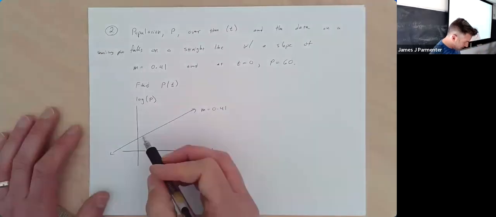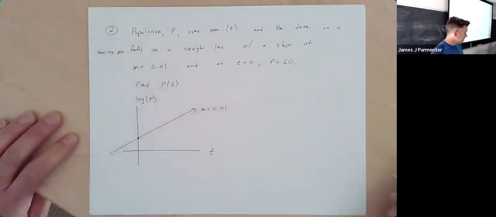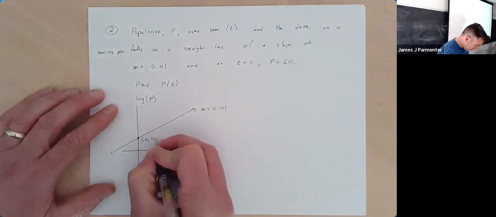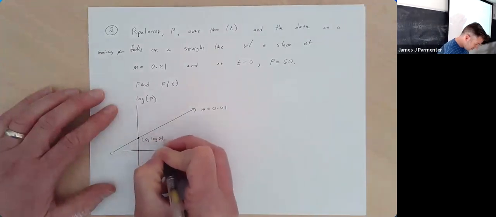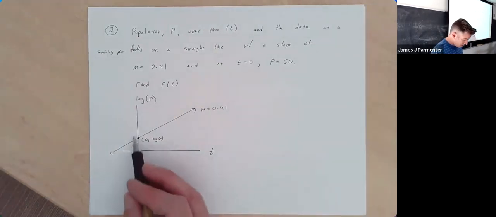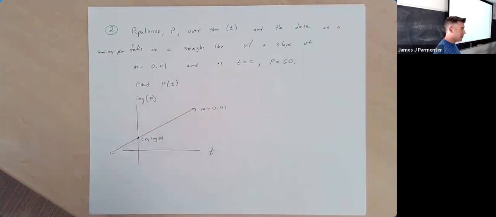And I will point out that this point here is not 0, 60. This point here is 0, log of 60, because when t equals 0, p equals 60, which means this point is log of 60. So be careful. Sometimes problems try to be a little tricky like that.